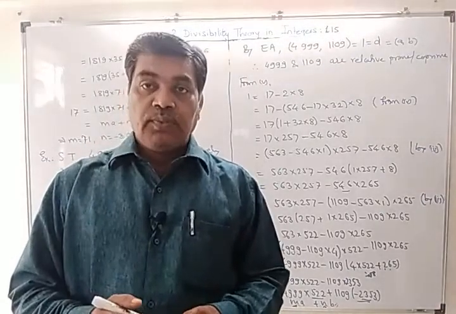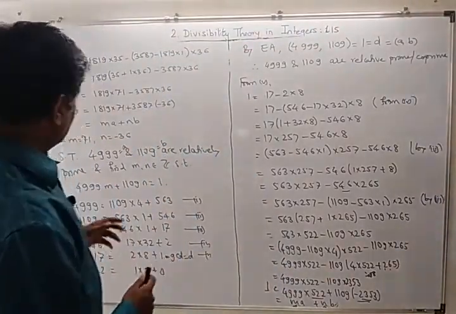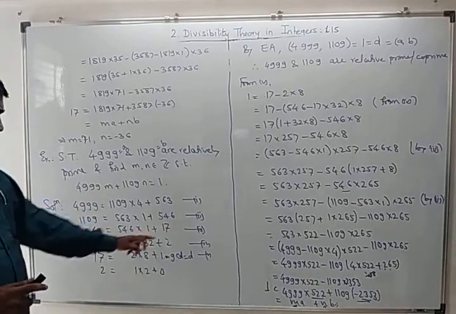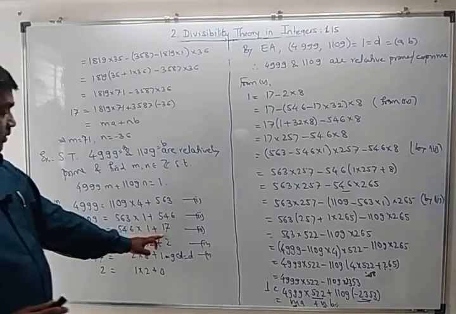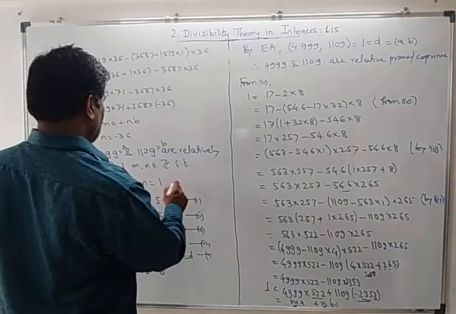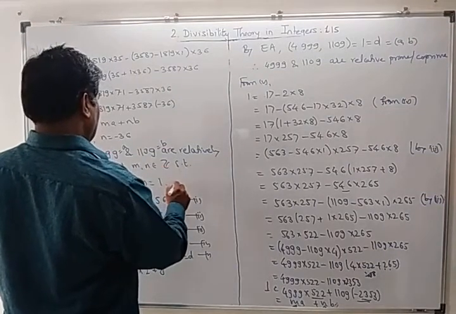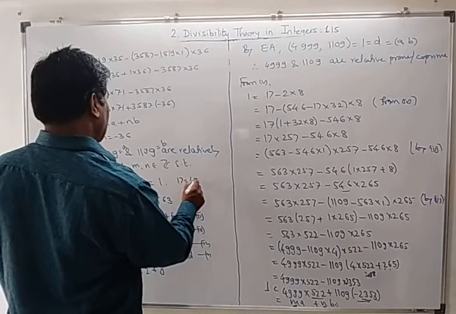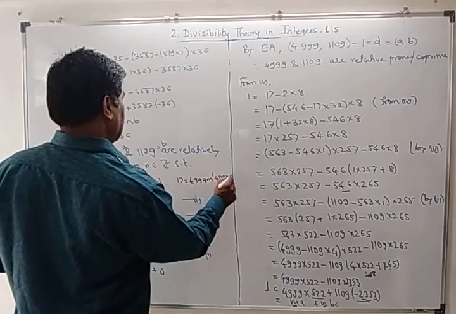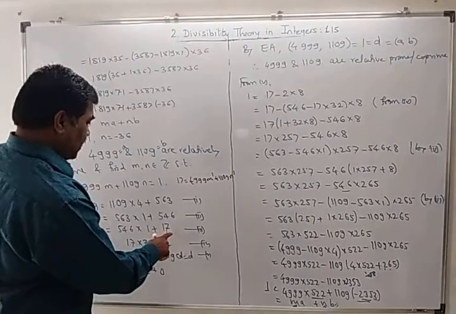So with this discussion, okay, one more thing. Just like the previous example, here I have expressed 1 in terms of those two integers. If I have to express 17 in terms of those two integers, say 17 is equal to 4999 m dash plus 1109 n dash, if somebody asks this question, then start from 3.